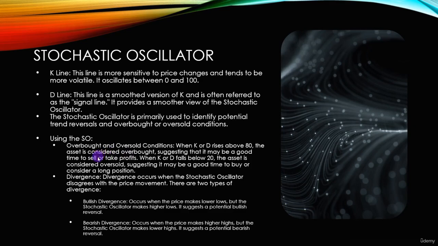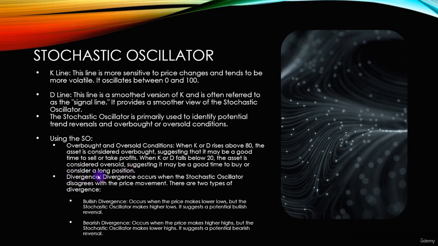Don't build your entry points based on the stochastic oscillator or the RSI, but these indicators might be good exit indicators. Then when K or D falls below 20, the asset is considered oversold, and this suggests that it may be a good time to buy or consider a long position, or even exit bearish positions.